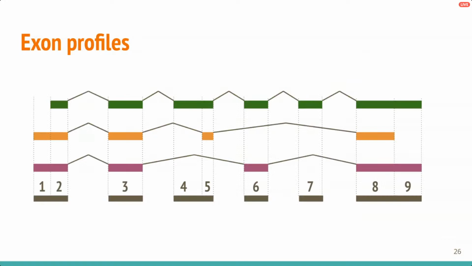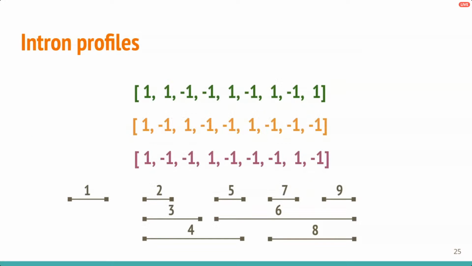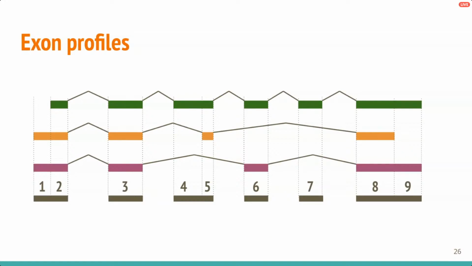This thing is called the intron profile. Then we do the same for exons; it's called the exon profile. We split exons into non-overlapping regions. Of course, we do the minimal split. For example, you see here we have a small green exon, shorter than those two within the yellow and purple.